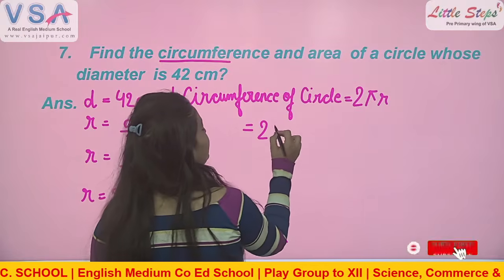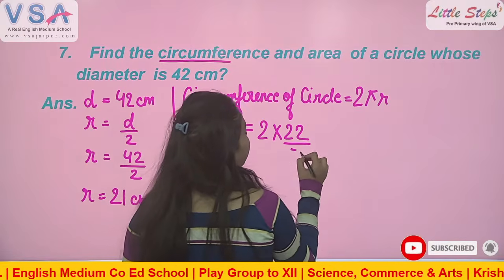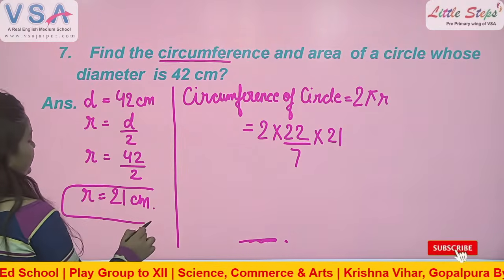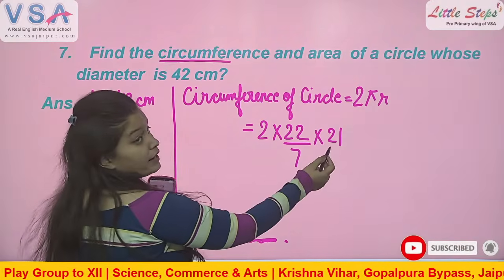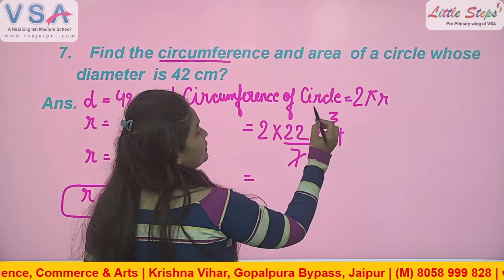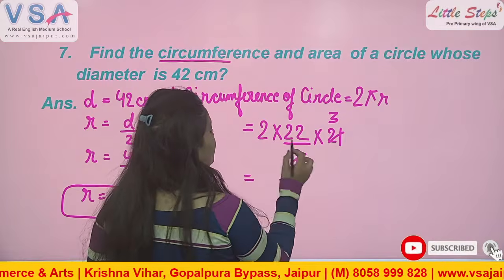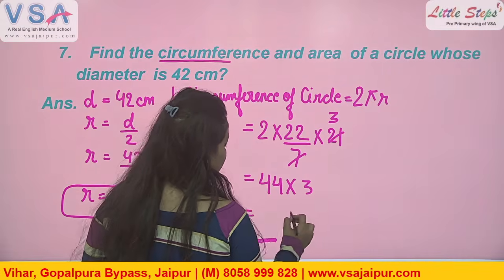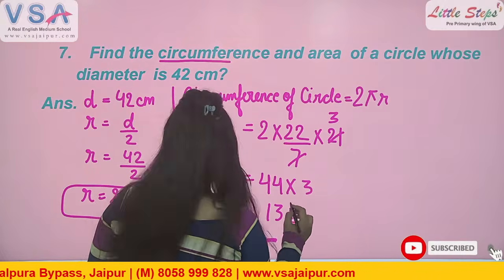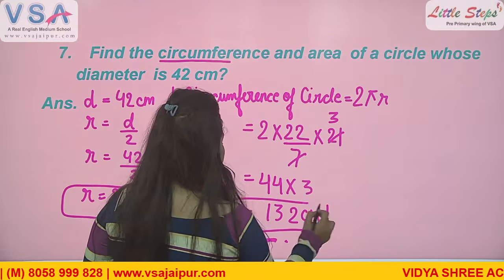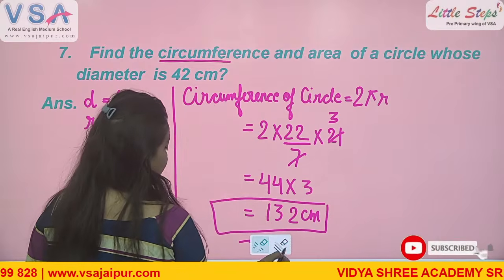We have 2 multiply 22 upon 7 multiply radius. How much radius has come? Just 21. Clear? So I'm writing over here radius 21. Let's cancel 7 and 21. 7 times table, 3 times. 2 into 22, 44, multiply 3. 3 fours are 12, 3 fours are 12, 132 centimeter. Answer. This is the circumference.